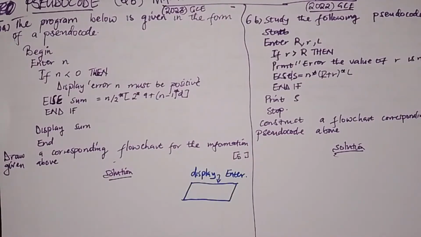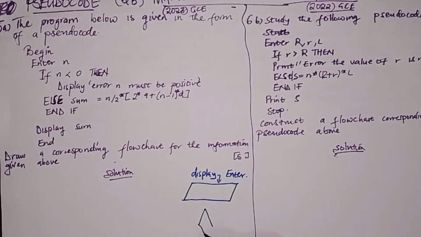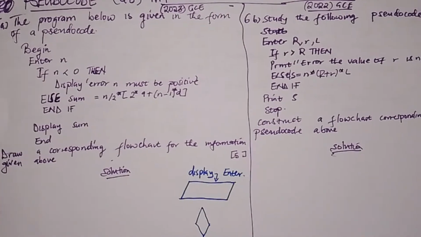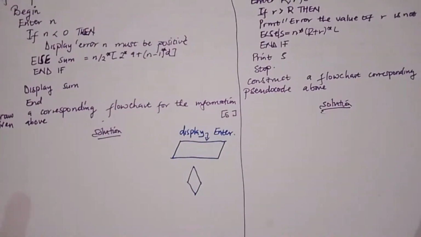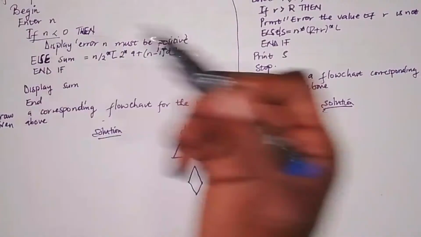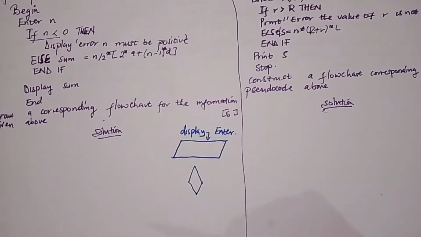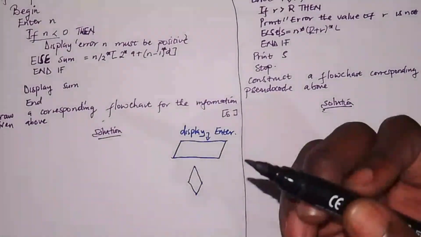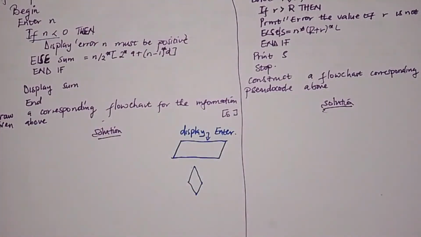Moving on to our second shape, which is a diamond. A diamond is also known as a decision box. What you put in a decision box is where you see if, because you are making a decision: if n is less than 0, or if n is greater than 0.